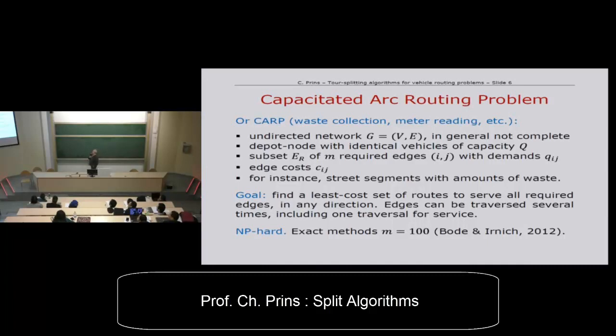Again, the goal is to find a set of routes with minimum total length or total duration to visit all the required edges. And the current best method is by Brandão and Eglese. It can reach, well, it depends on the instances, but on average 100 edges. I know Angel is working on a new one, an ultimate exact method for the CARP, and we hope it will go further.